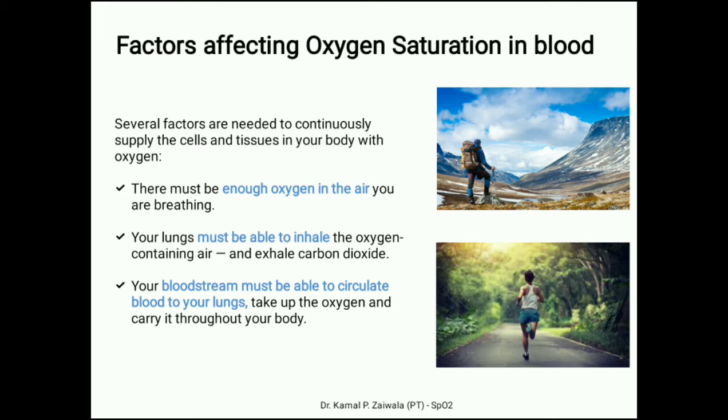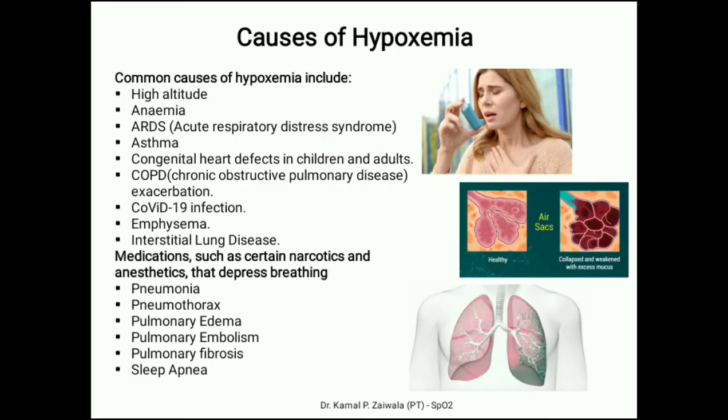And third is that your bloodstream must be able to circulate blood to your lungs, take up the oxygen and carry it throughout the body. So if there is a breach in any of these factors, then that can lead to hypoxemia.